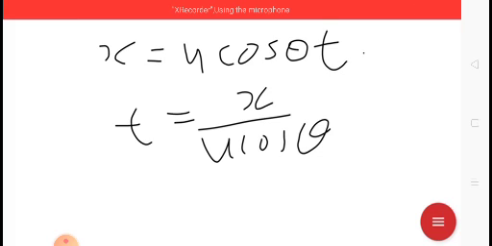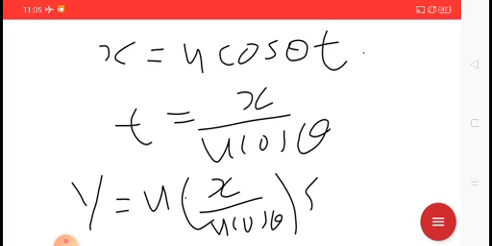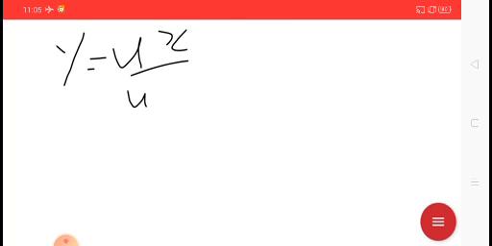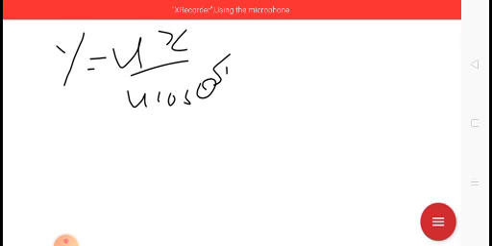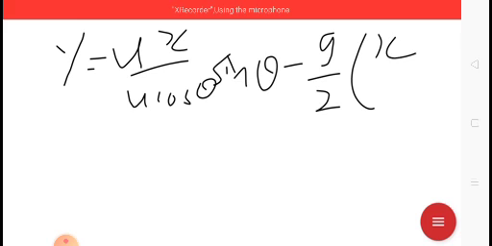So if you sub this t inside the y displacement equation, y equals u sine theta times x over u cos theta, minus g over 2 times t squared.